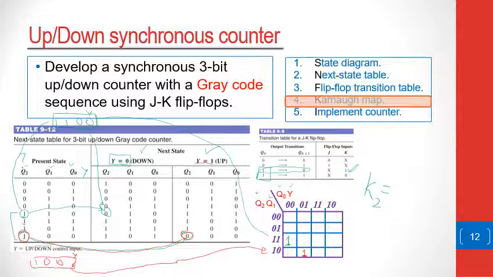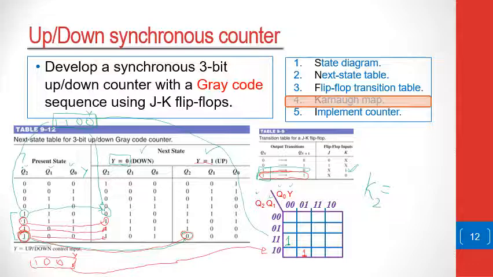So we are done with the ones that change, and now let's look at the cases where a 1 remains as a 1. Here we have this one remaining as a 1, another one remaining as a 1, another one remaining as a 1.